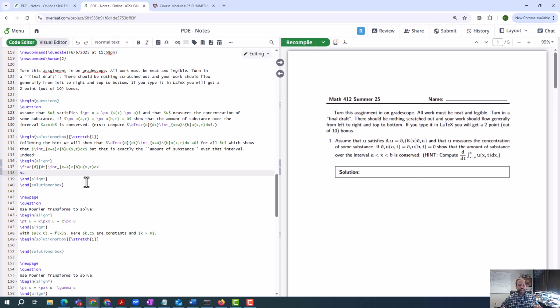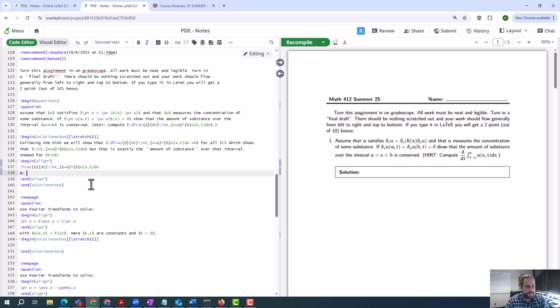I didn't say that explicitly, but one of the things we've learned is that the solution to the diffusion equation is smooth in the x and t variables for t greater than 0. So really I need to say for t greater than 0, because remember, when t is equal to 0, this could be a complete mess, but we only care about t greater than 0. Maybe I'll explain a little bit about that in a minute.